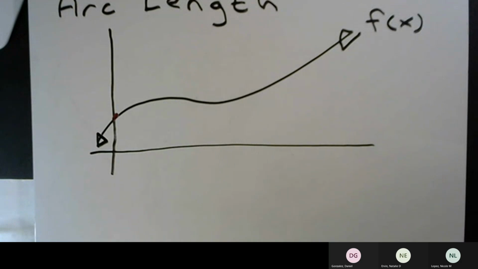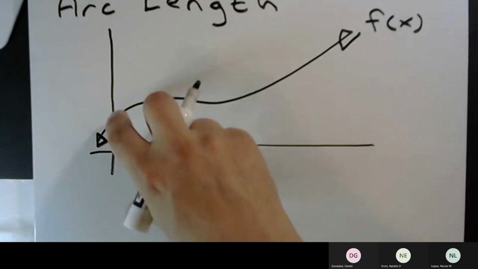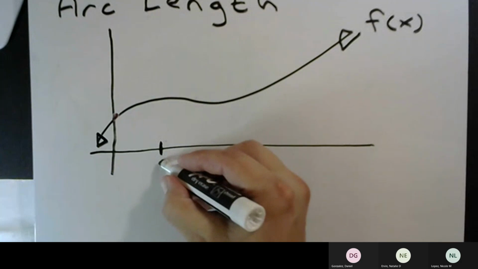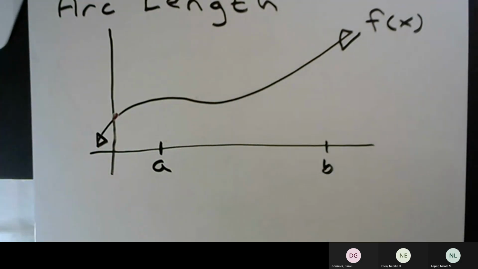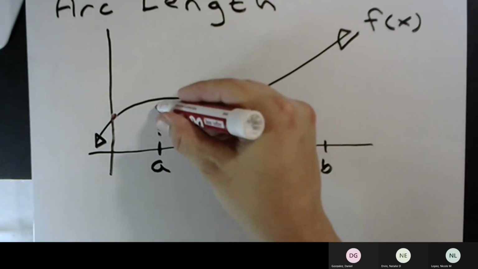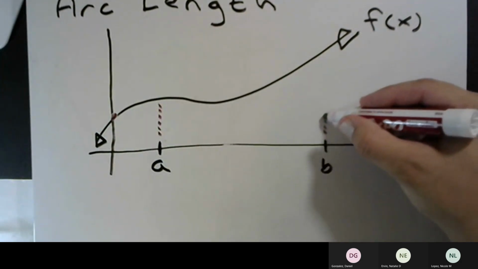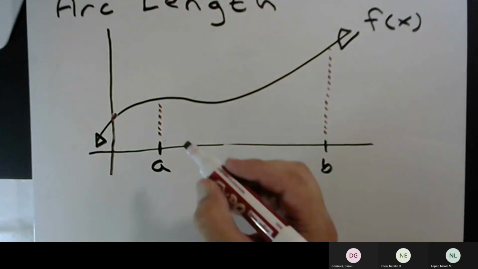Well, let's pick some destinations, actually. Let's say we do this. Let's not start at the y-axis. Let's go from A to B. So we want to approximate the arc length of this curve from A to B.